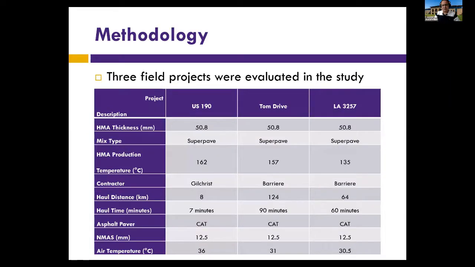Field measurements were conducted at 3 projects. They are all in Louisiana, and one of them was built on top of a concrete pavement. The second was on top of a milled surface with extensive cracking, and the third was on top of an unmilled surface.